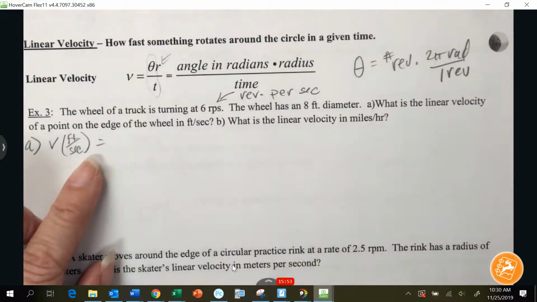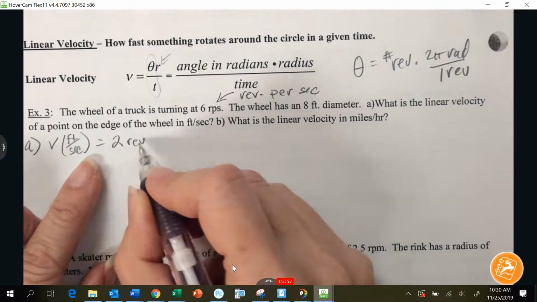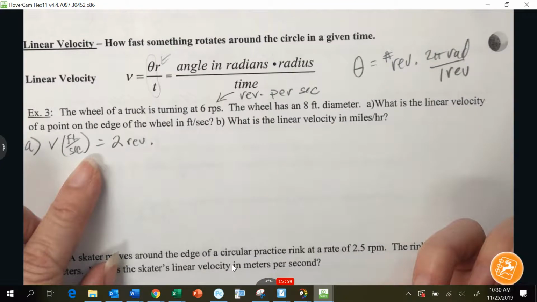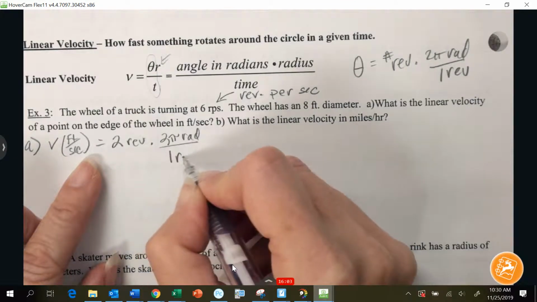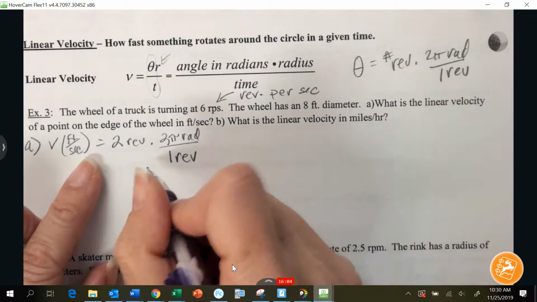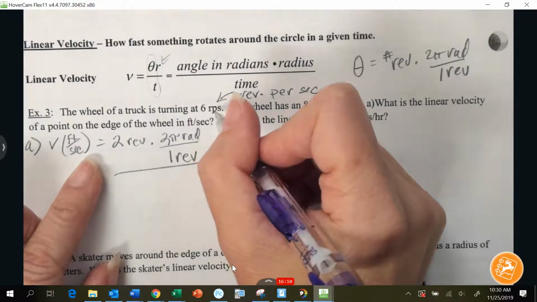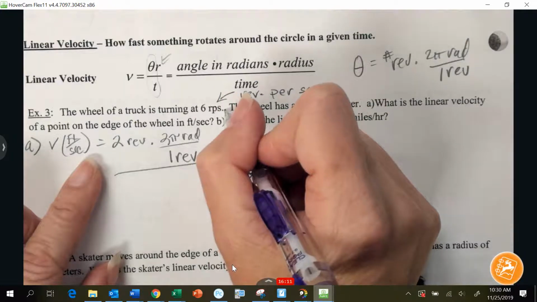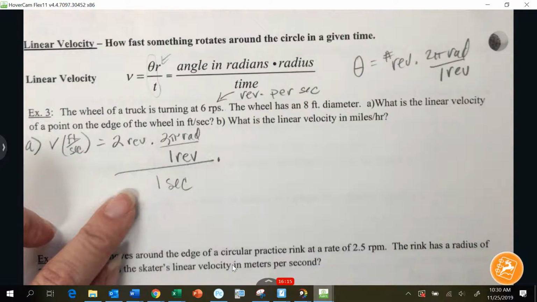How many revolutions is it? 6 rev times 2 pi radians per 1 rev. We have to divide that by time. This is 6 revolutions per what? 1 second. And then we're going to multiply that by the radius.